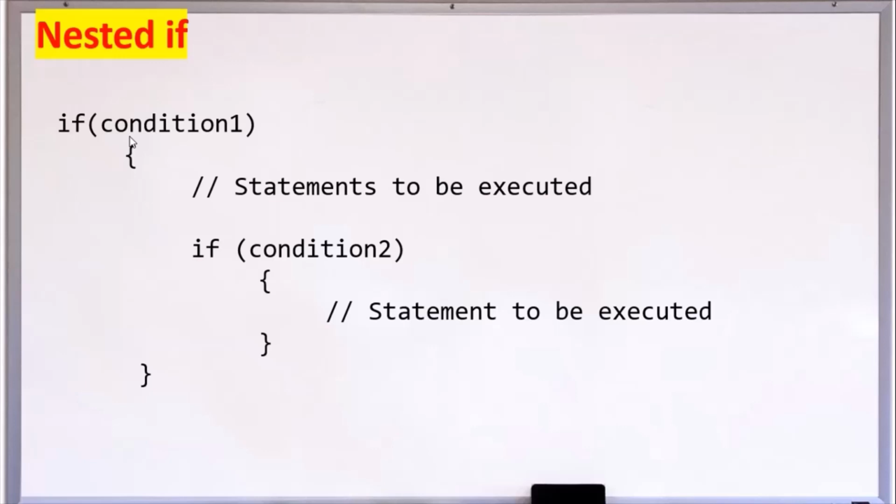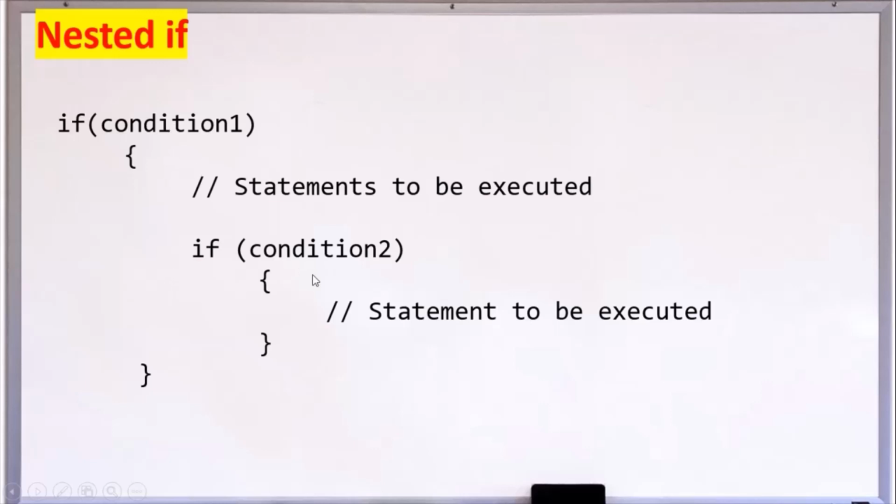It's very similar to the logical operator AND. We will do the practicals later. First we will clear the theory part, so that whenever we go for the practicals, it is clear where I have to put the condition for the outer if or for the inner if.